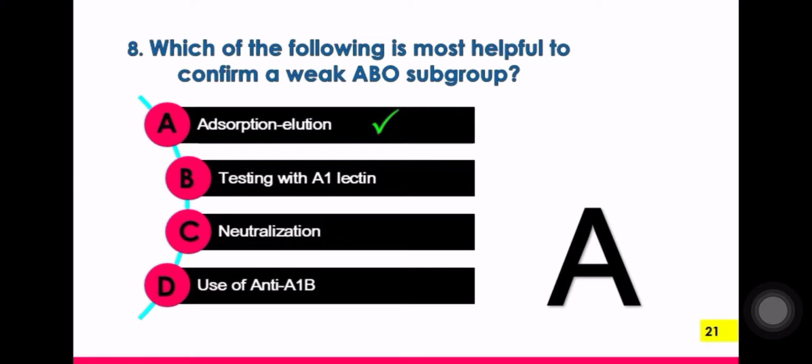So it may be possible to harvest the bound antibody by elution. The cells are incubated with the antibody to the antigen expected on the RBCs. An elution method is performed and the antibody in the eluate is tested for recovering anti-A or anti-B, depending on the specificity used in the adsorption. Again, for a weak ABO subgroup, the answer is adsorption elution.